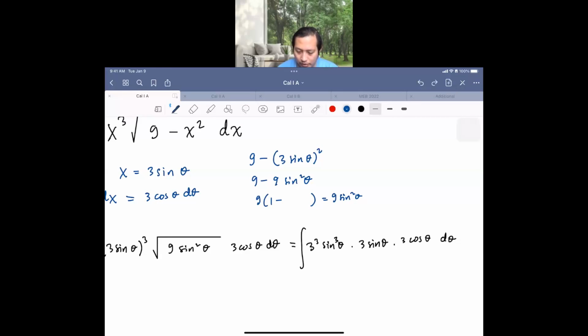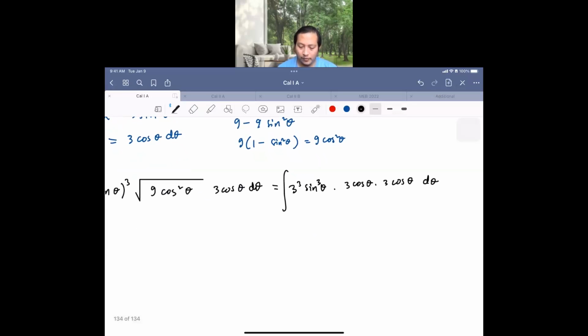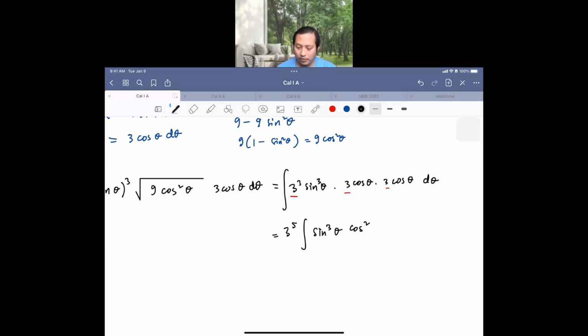It should be sine and then cosine. So this will be 3 cosine theta. Let's combine the 3s and become 3 to the power of 5, and we still have sine cubed theta and then cosine squared theta d theta. Now remember, this results in a trigonometric integral that we discussed before.